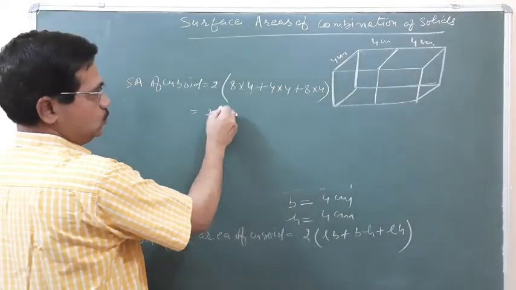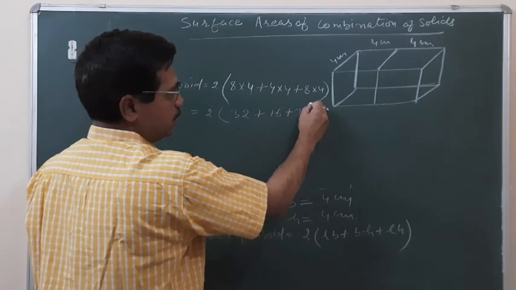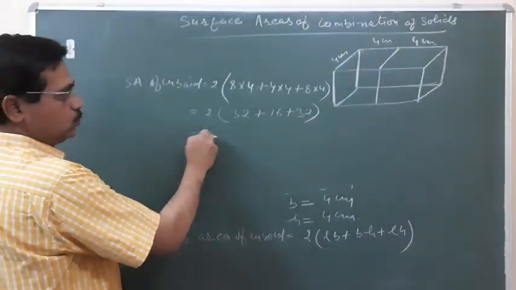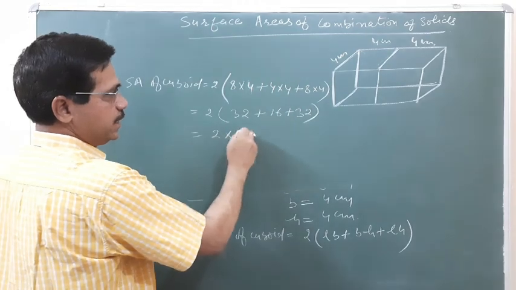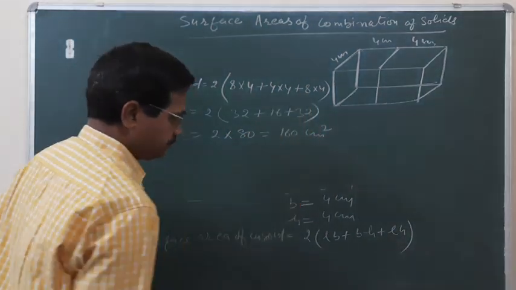We get 2 into 32 plus 16 plus 32, 2 into 80, which is equal to 160 centimeter square.